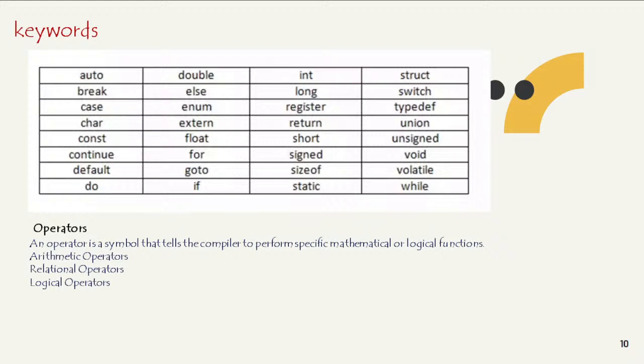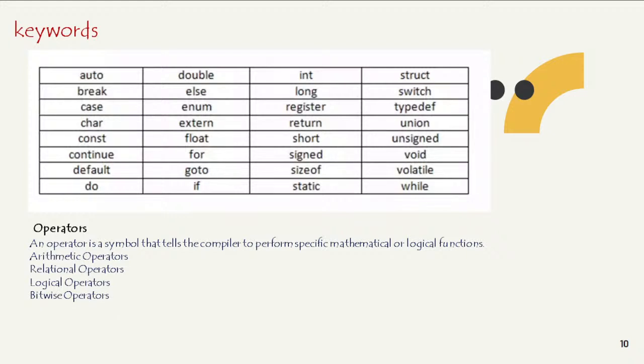The logical OR operator works so that if any one of the given conditions is true, then the result is true. And the logical NOT operator, which is used for a complement operation: if you give your input as true, it returns false; if you give your input as false, it returns true.